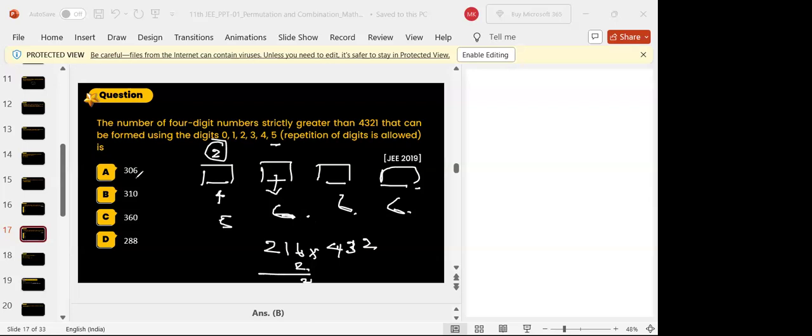I have not observed that. Excuse me, ma'am. More than 3, is it? Yes, we have to subtract cases also. And there, 3 means we can use 3, 4, 5. Greater than 3: 3 can be used, 4 can be used, 5 can be used. 2 can be used there.